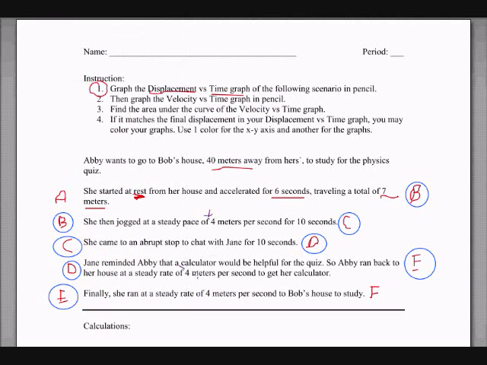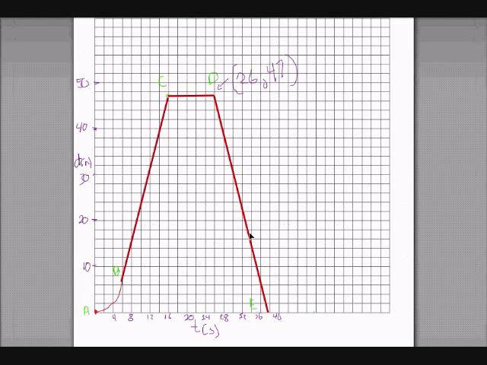Bob's house. And his house is 40 meters away. So now I'm going to go up here and find my intersect with 40 meters. Okay, and here we are. And there you go. This is going to be your point F.